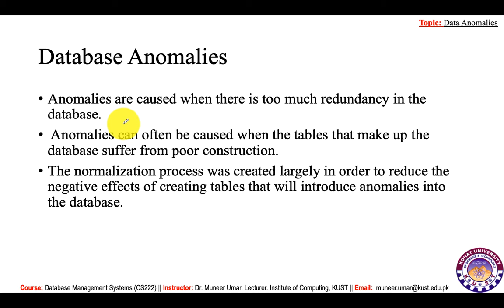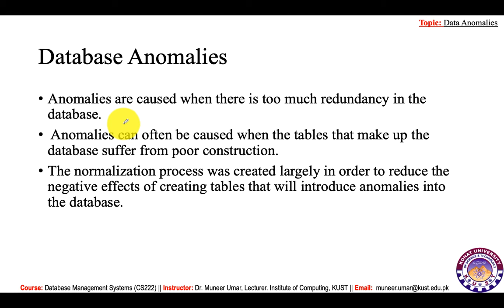Now we have database anomalies. Anomalies are caused when there is too much redundancy in the database. Actually, by anomaly, we mean the abnormal situation. During operations, we may face some issues associated with the records.